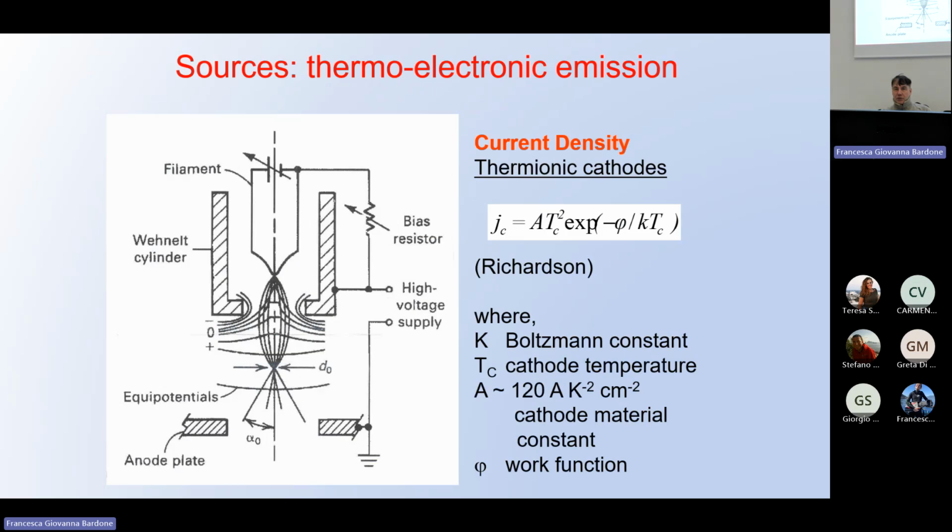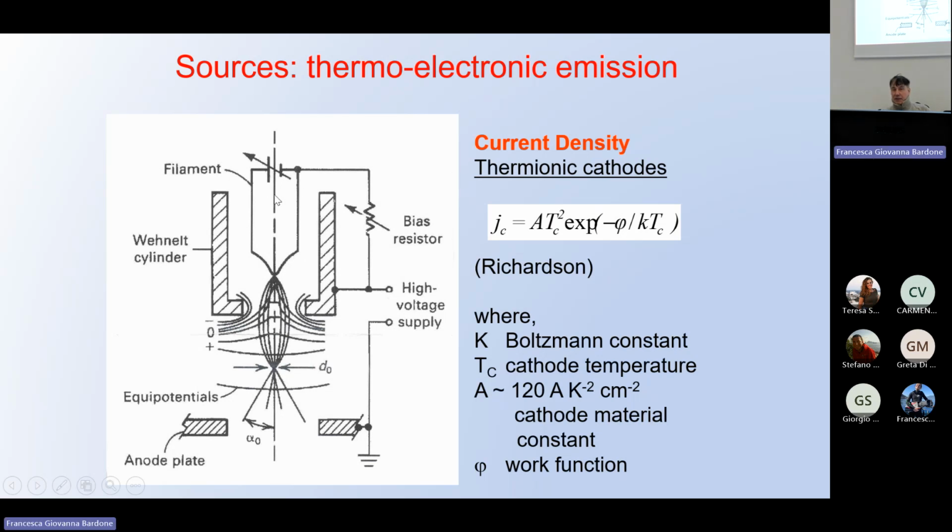What type of source do you have? Low cost, very easy to change, 10 euros per source, is a thermionic emission source. So you have a filament made of tungsten.